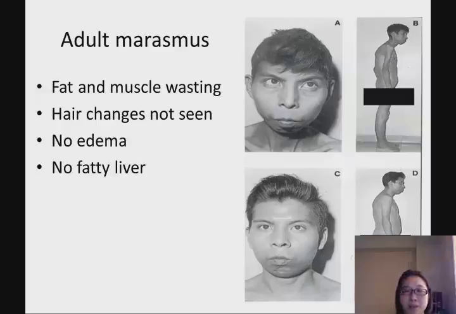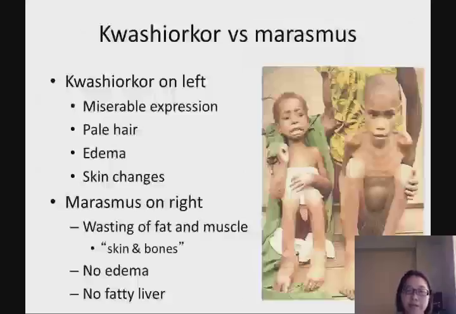Usually HIV/AIDS patients, at the end they cannot consume any food. That's why they also have adult marasmus. You can see in figure B, this adult has fat and muscle wasting, and after treatment goes back to a higher body weight. You're not going to see edema or fatty liver in adult marasmus. Hair color change is not seen either.